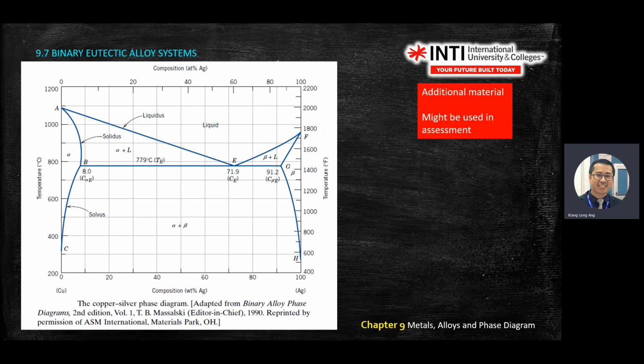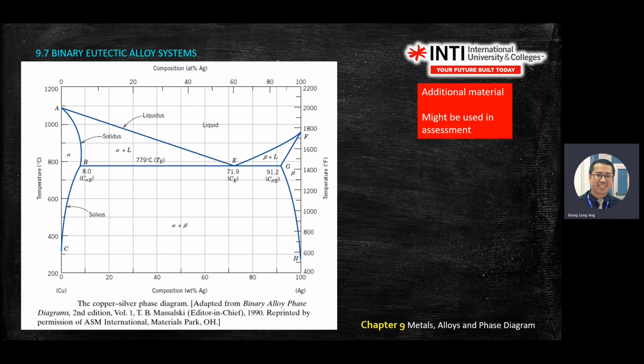Now you look at the diagram: where is the liquid? On the top, because it's metal, liquid is always on the top. Then you drop down, you cool down, you get solid. What type of solid do you have? You have alpha, you have beta, alpha, beta. The next step is to find your eutectic point. The definition of eutectic is the last drop of liquid that you have.